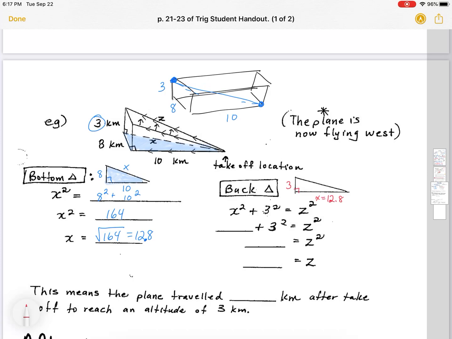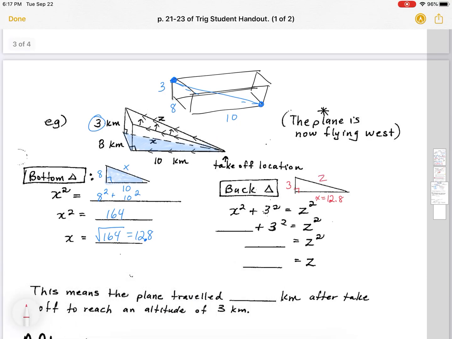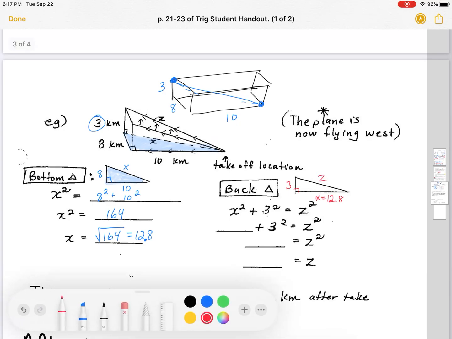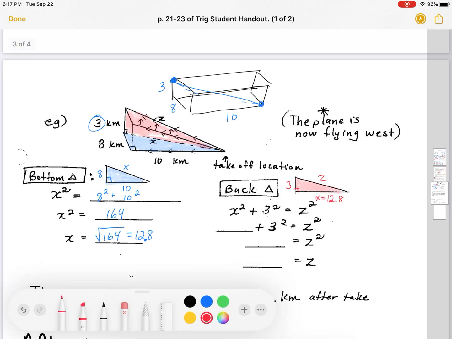Whew, makes a big difference. So we would have our x, which we just figured out, which is 12.8. And we're going to use this Pythagorean theorem to figure out our z. Our z is this length. So what we're looking for there, if we shade it in, we're looking now at the back triangle.